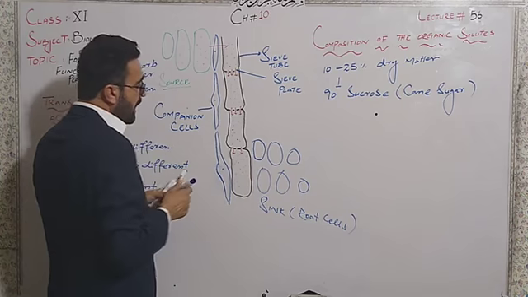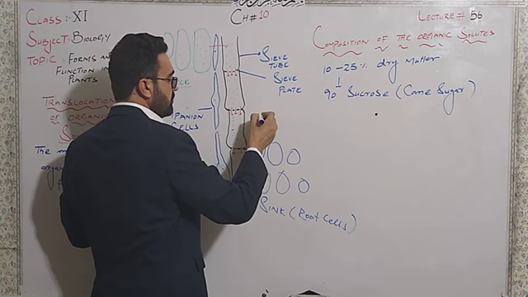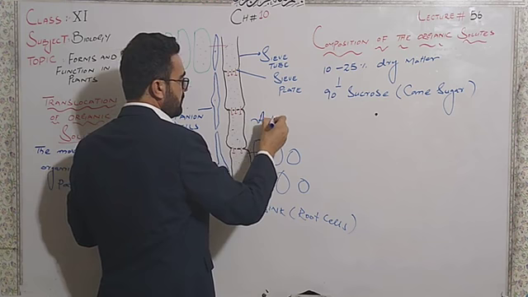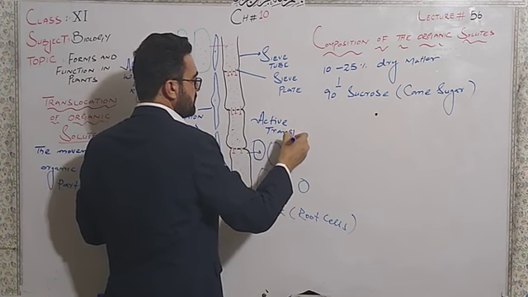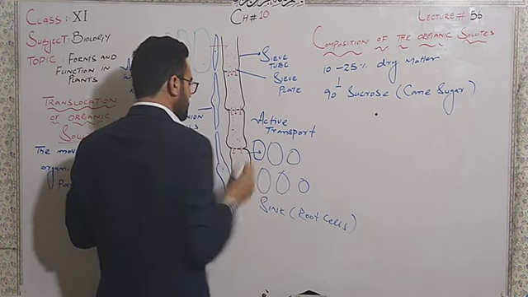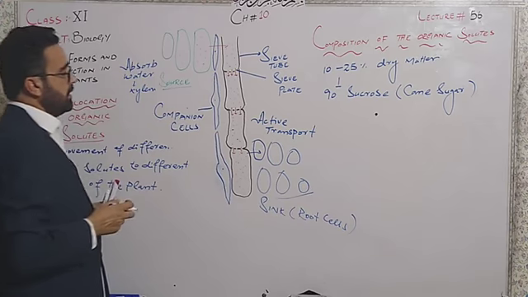Now, here unloading will occur. This unloading is also done by active transport, in which expenditure of energy will occur, and that food will come to the sink.